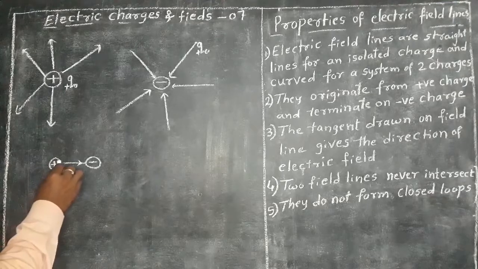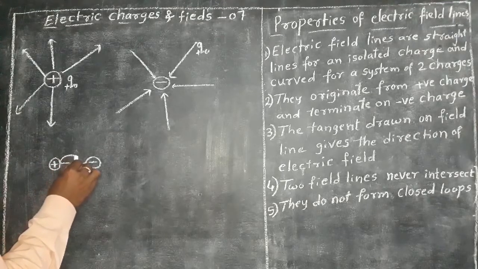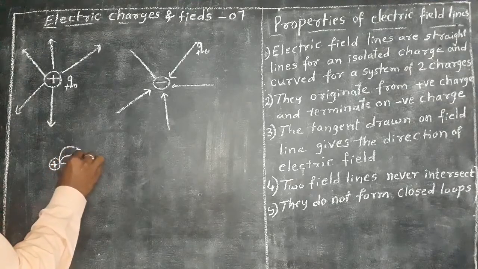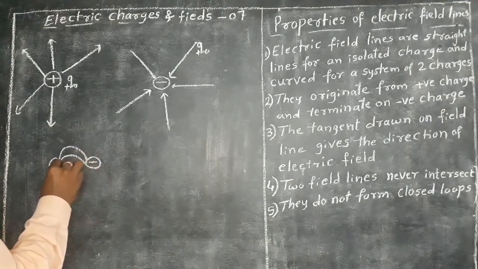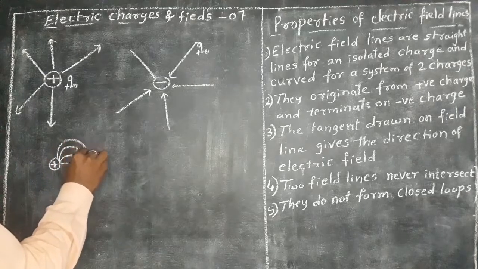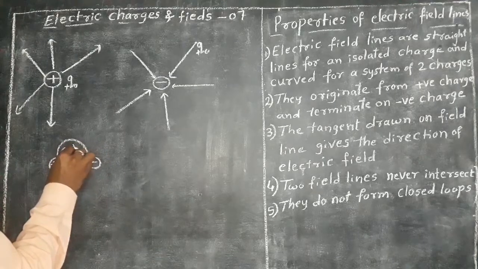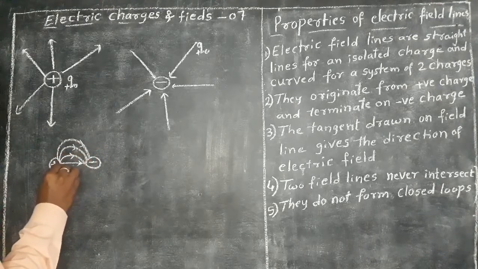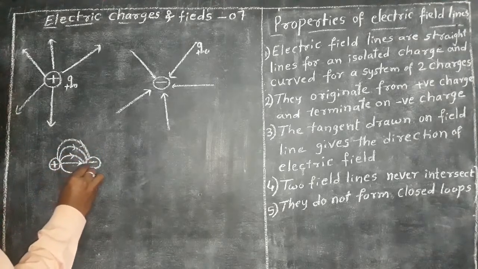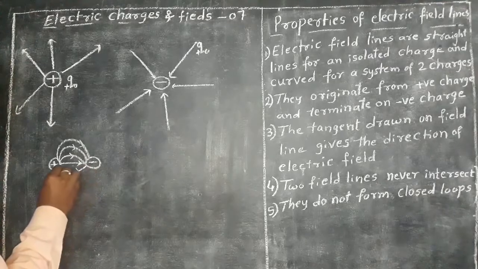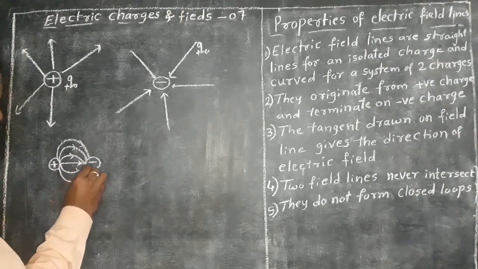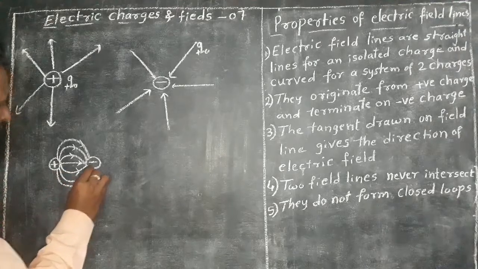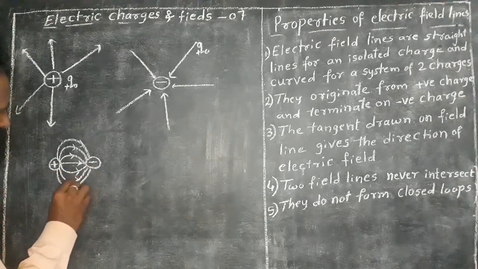If it is placed here, it changes its direction of motion, from positive to negative. Similarly, if the test charge is placed here, it moves as shown. These are the imaginary lines or curves drawn along which a test charge moves.